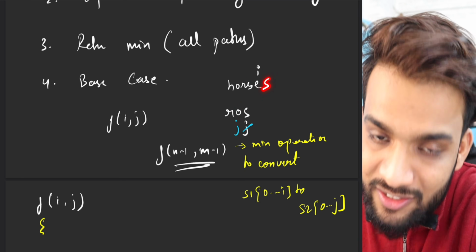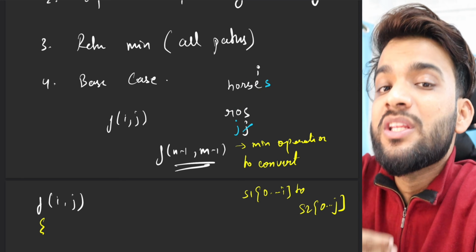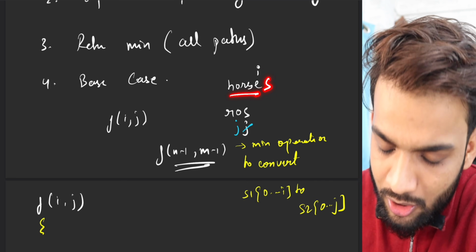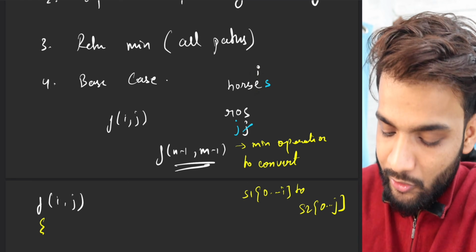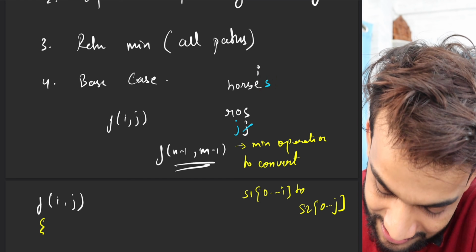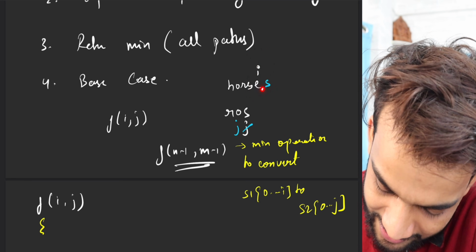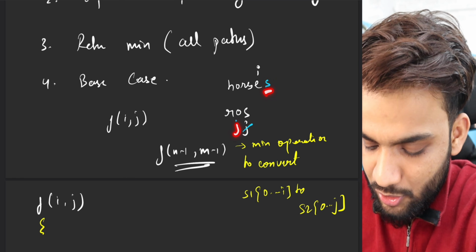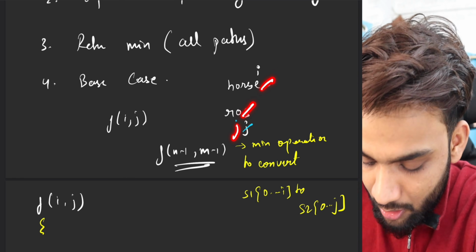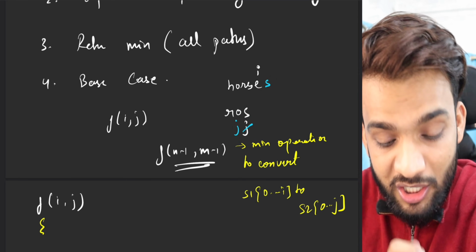So in an insertion, since hypothetically you're inserting an S right there, the i is still at E. You have inserted an S, so i stays where it is because this S and this S have matched. You do an insert operation which makes this S and S similar and the j reduces.